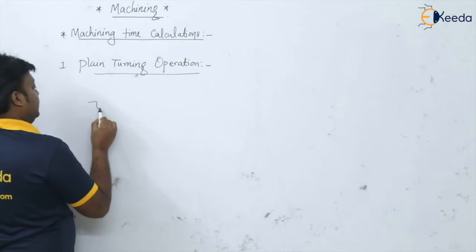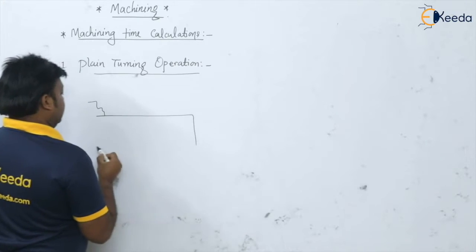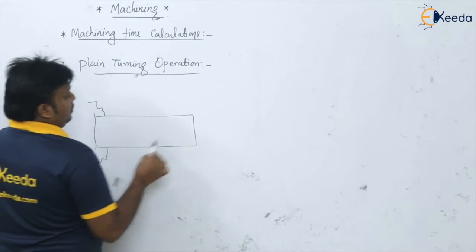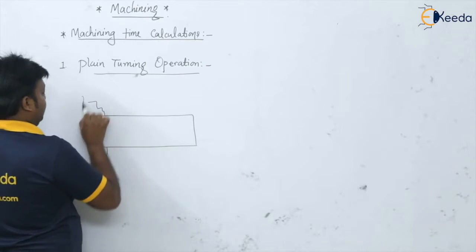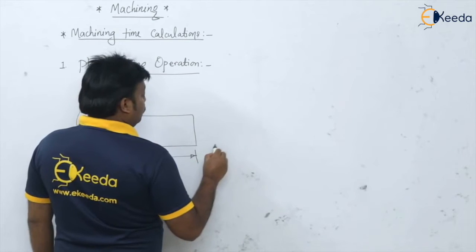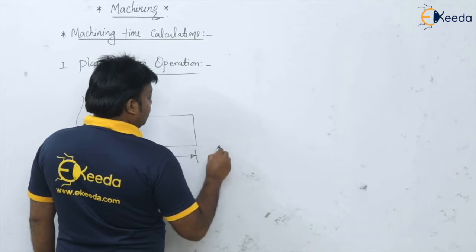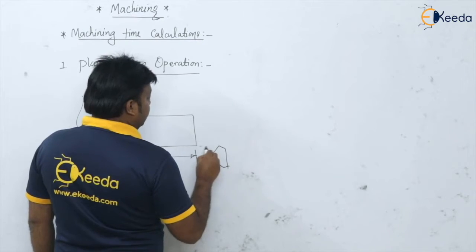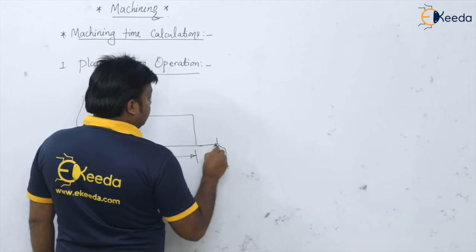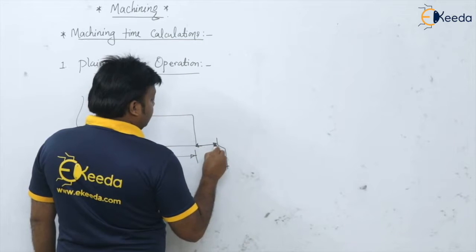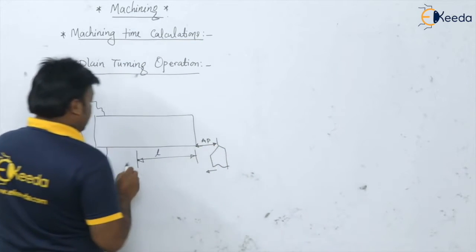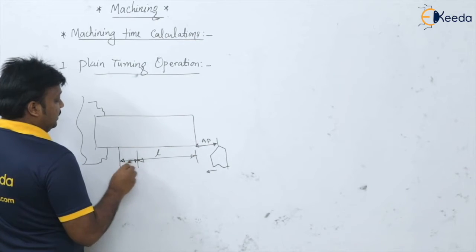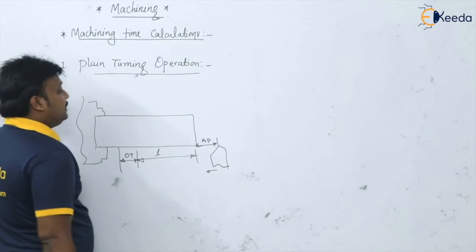Say here a cylindrical bar is given for this turning operation. The tool is positioned here. Of course, this is the approach for the tool, and if the tool has some over travel after completion of the machining, this is the over travel OT.